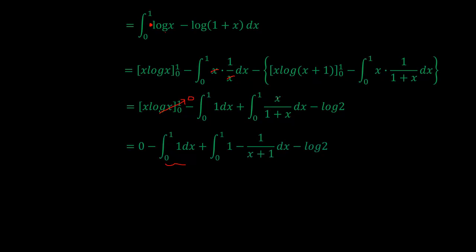But we can divide this numerator by the denominator, and it is the same as 1 minus 1 over x plus 1. And if we integrate this separately, this and that cancel, so we're left with the integral of 1 over x plus 1 minus log of here.